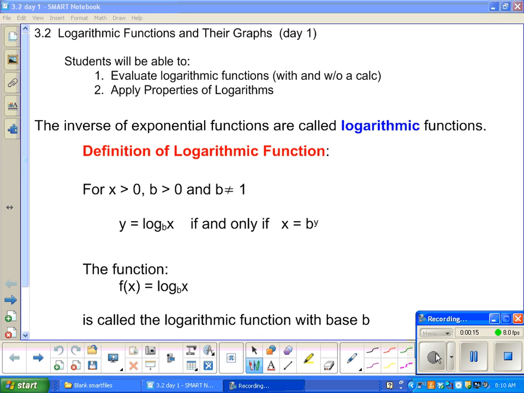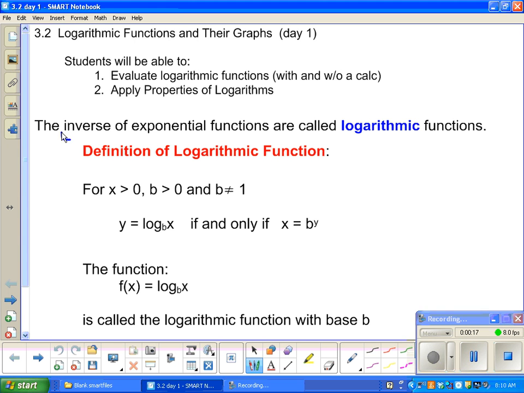What we know about log functions is that they are the inverse of exponential functions. The definition: for x greater than 0, that means x is positive, and b is also positive and not 1, log base b of x equals y if and only if x equals b to the y.